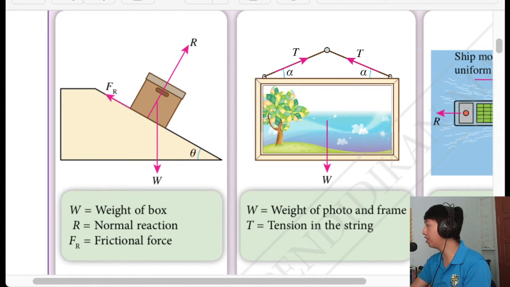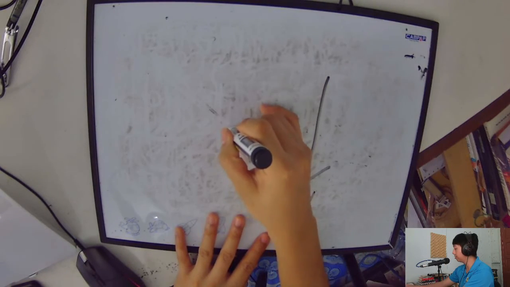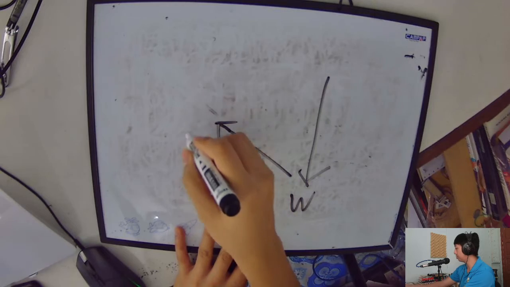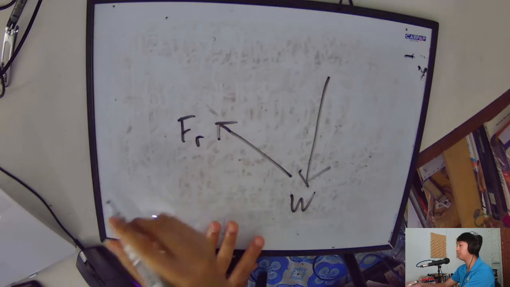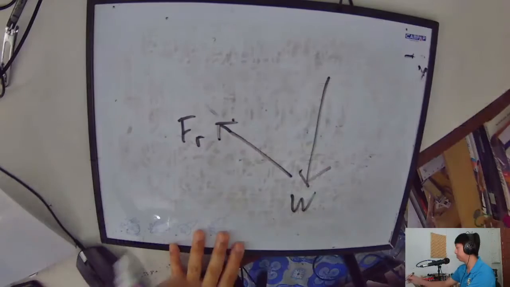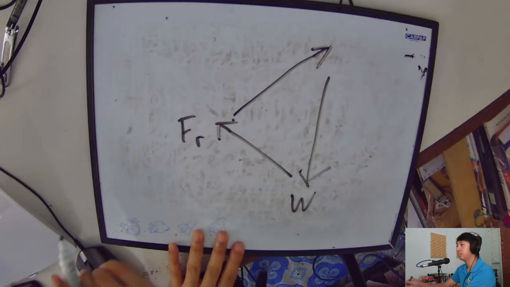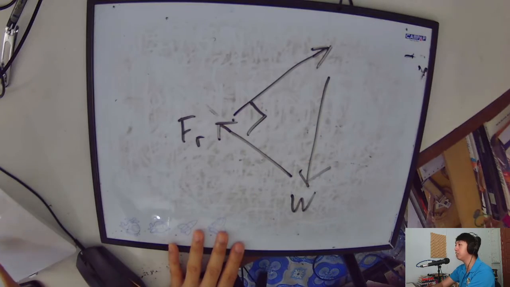We'll just continue the triangle. And then we have the reaction force, R. Let's just continue the triangle, and this produces a 90-degree angle.